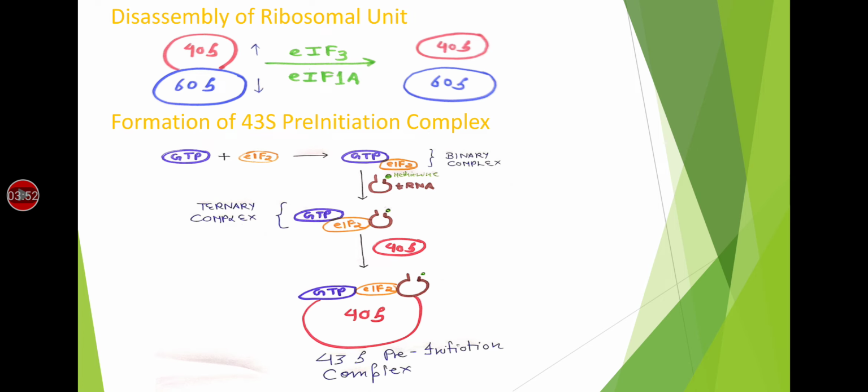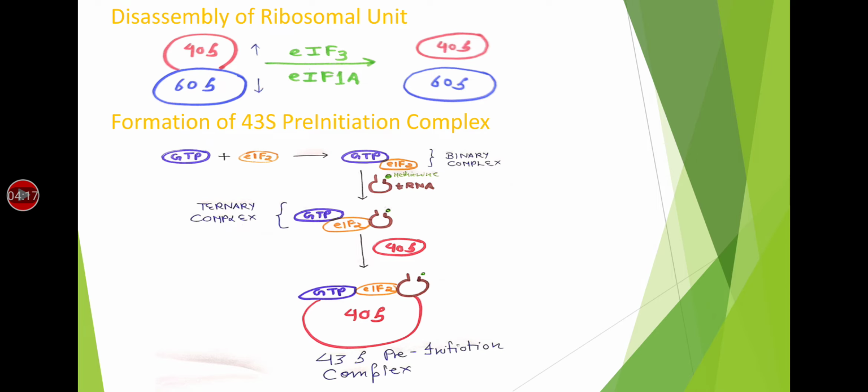Moving on to the first one, disassembly of ribosomal unit. In the particular diagram, we can see that the ribosomal units 40S and 60S move apart from each other. This is initiated by two initiation factors, that is eIF3 and eIF1A. These two initiation factors keep these two ribosomal units separated.